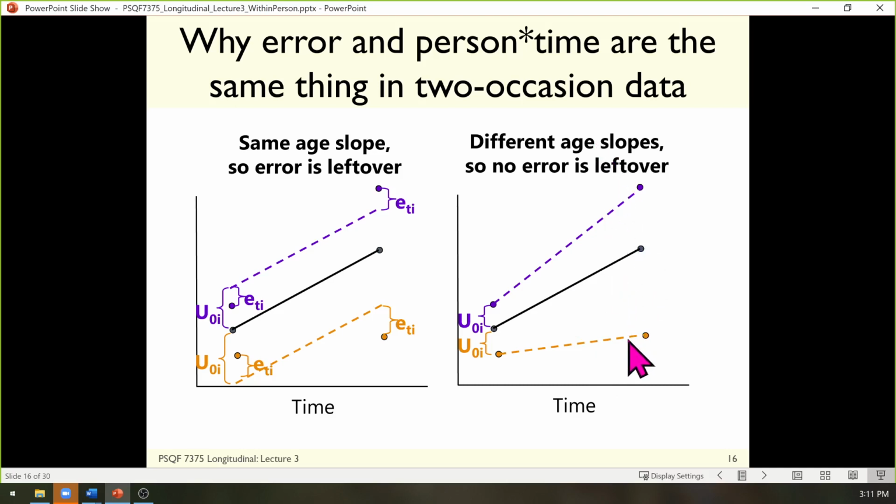This is going to be the idea of a random effect of time, by the way, the idea that each person needs their own version of the effect of time, a random slope for time. I can either have that, or I can say everybody changes the same, but there's some unexplained variance left over. In two occasion data, you cannot distinguish these two possibilities.